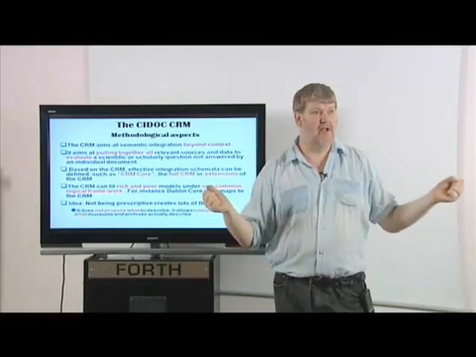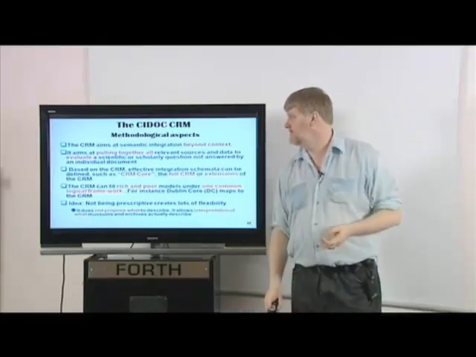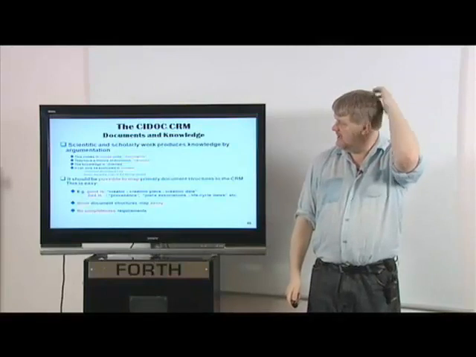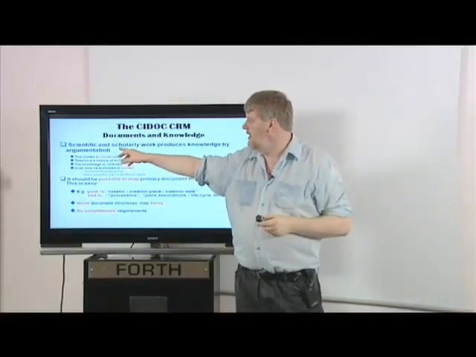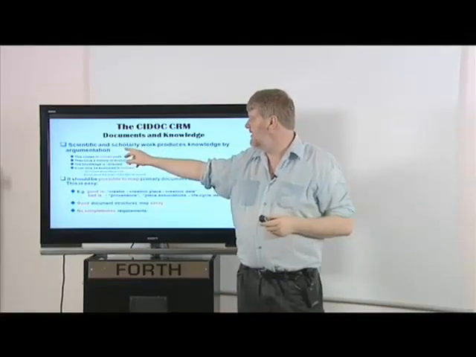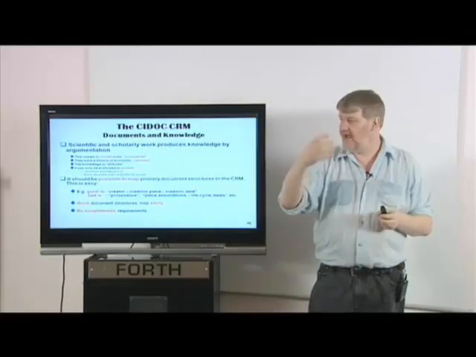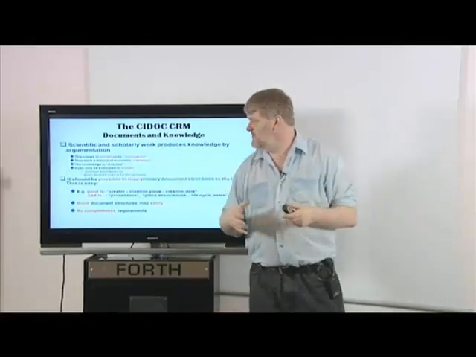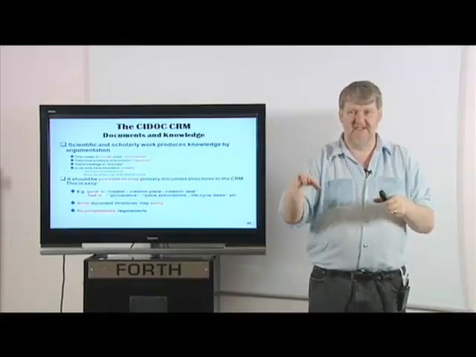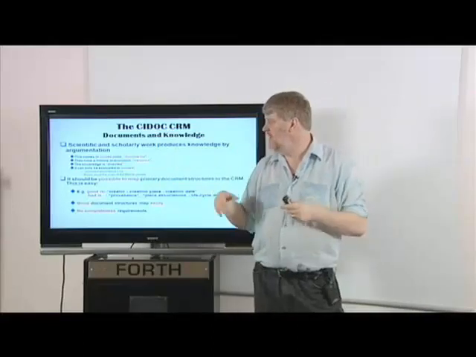So this is what we've just been talking about, in that when we do scientific and scholarly work, we produce knowledge by adding to what's already there. So we add these new bits of research on. And it always comes in closed units in documents, whether that's a database or an actual text, doesn't matter. It's a document. And they will have a history of evolution. So the database will be enhanced, the document will be enhanced to new understandings, new additions, and so on. But the knowledge is very directed.